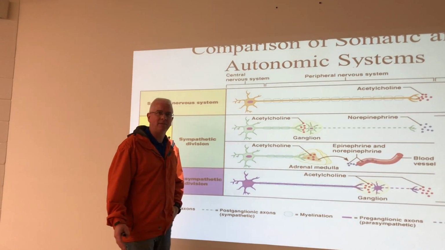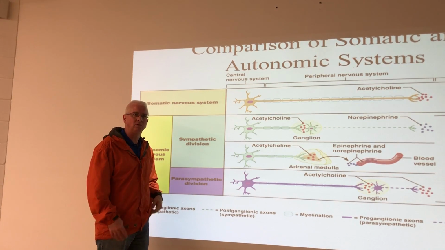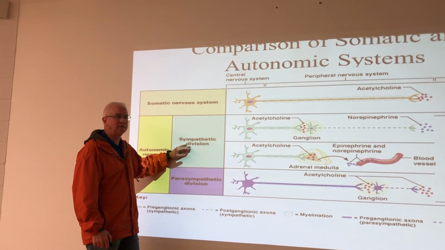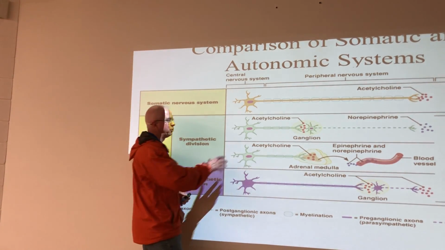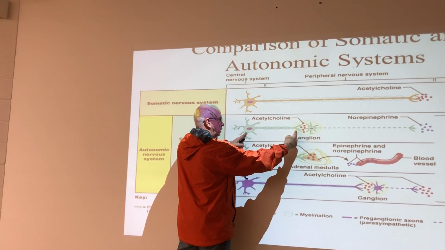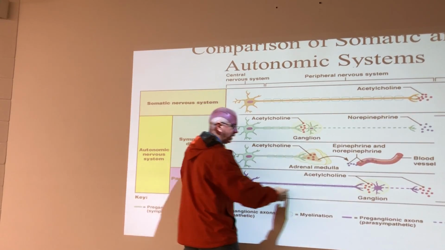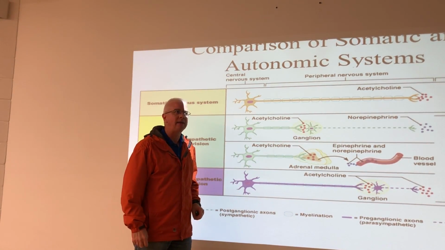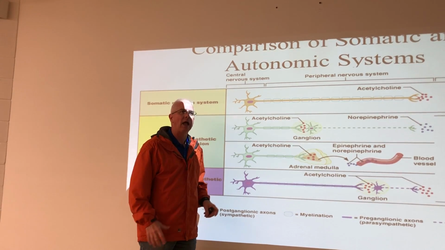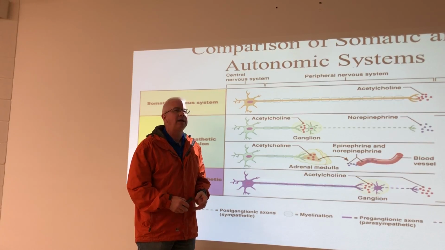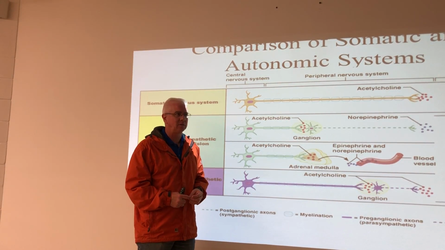Now, in the anatomy of these two, look at the anatomy. We'll just learn it in pieces, picking up pieces as we go. In the anatomy of this system, you can see that the preganglionic sympathetic axon is shorter than the preganglionic parasympathetic axon. Does everybody see that? That is a general rule, a general anatomical rule for these two systems. It does have exceptions, but this is a general rule.